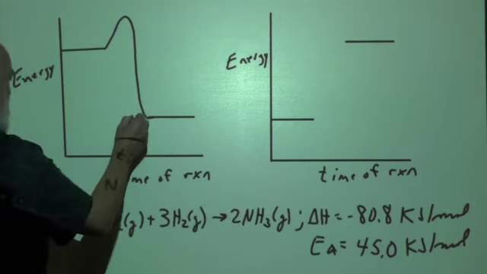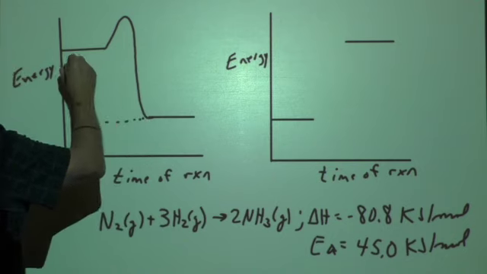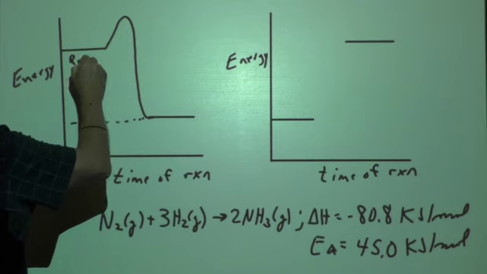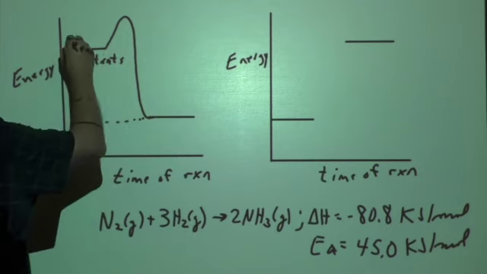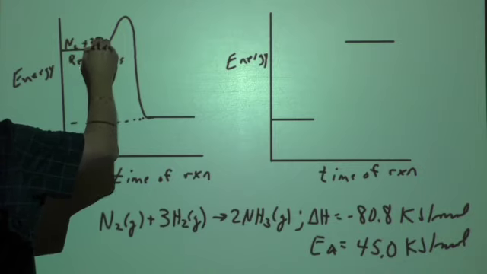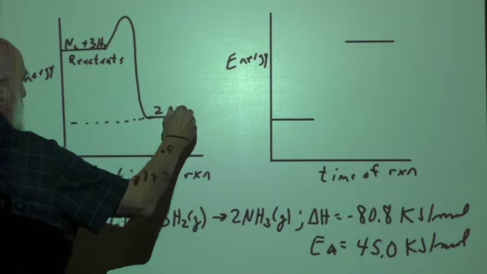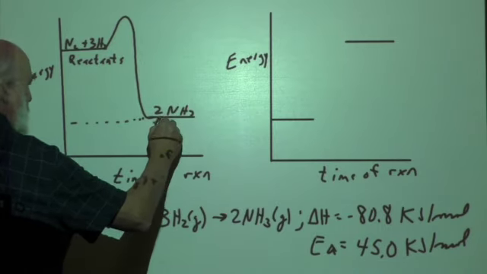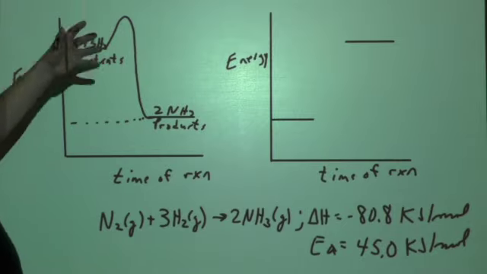Now, this distance between the two levels, these are the reactants. And the reactants here are N2 plus 3H2. And the products are over here, which are 2NH3. And the amount of stored energy decreases dramatically.